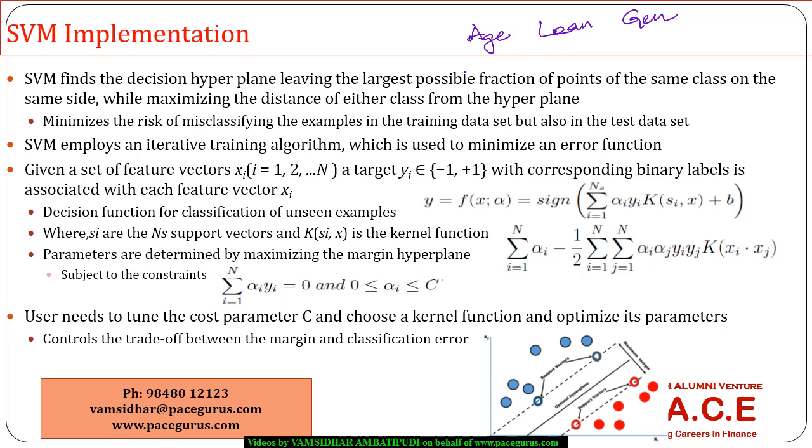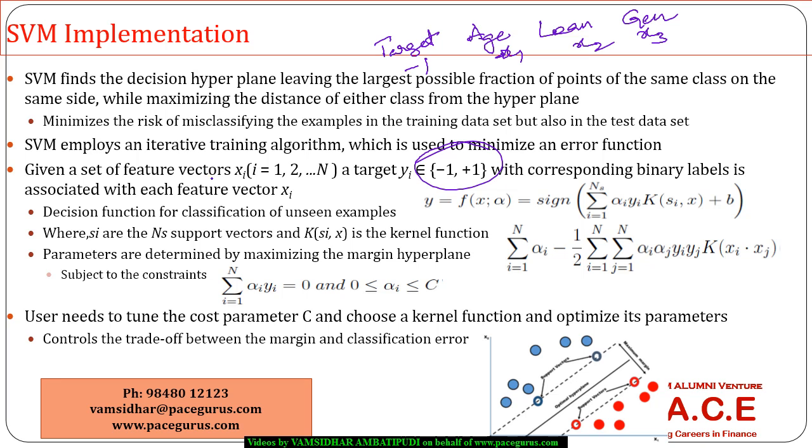So these will be my x1, x2, x3, the three feature vectors that I have. The target is whether the person defaulted or not. In support vector machines, I have to give them as -1 or +1: -1 in case of negative and +1 in case of positive.